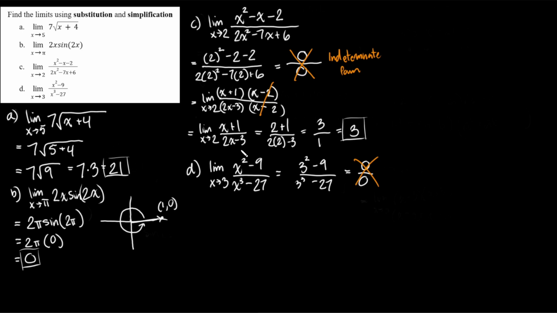So I noticed that this top part looks a little familiar, don't you? It looks like it's in the form of a squared minus b squared. And the bottom part looks like it's something like a cubed minus b cubed. We actually need to know these formulas because this could be simplified.